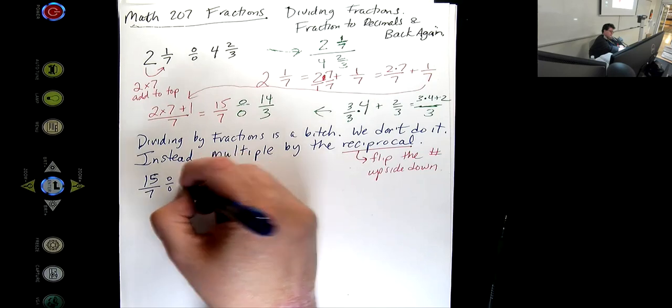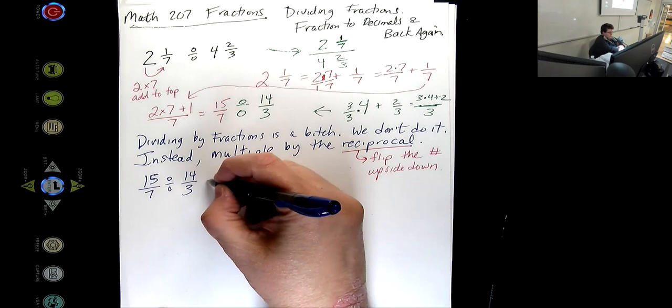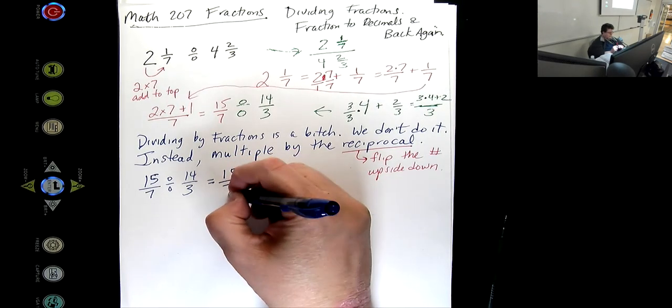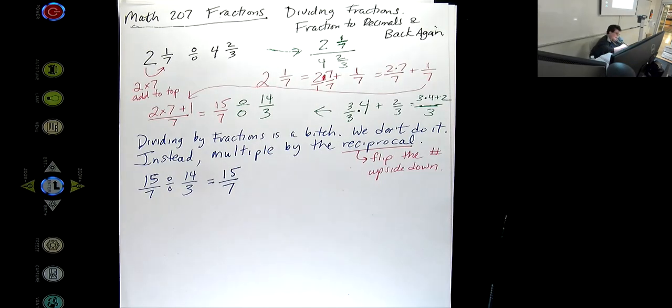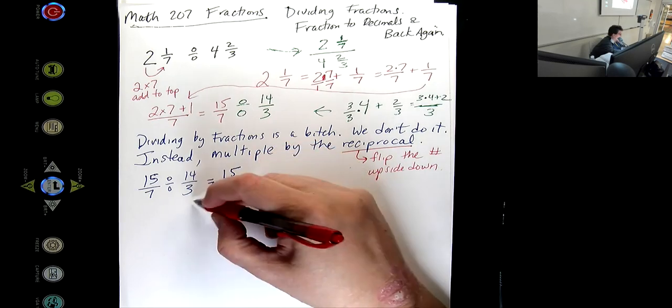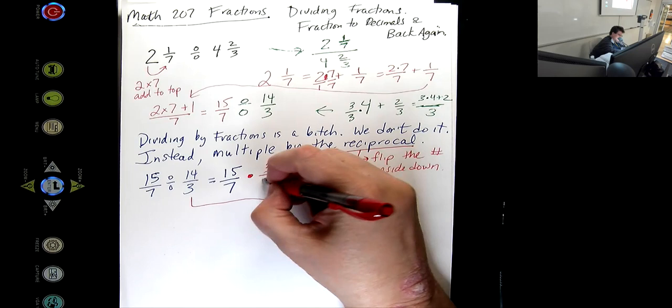So instead of doing 15 over 7 divided by 14 over 3, I'm gonna leave the 15 over 7 alone, because that's not what I'm dividing by. I'm gonna change the division to multiplication, and I'm gonna flip that bad boy. This is gonna be 3 over 14.